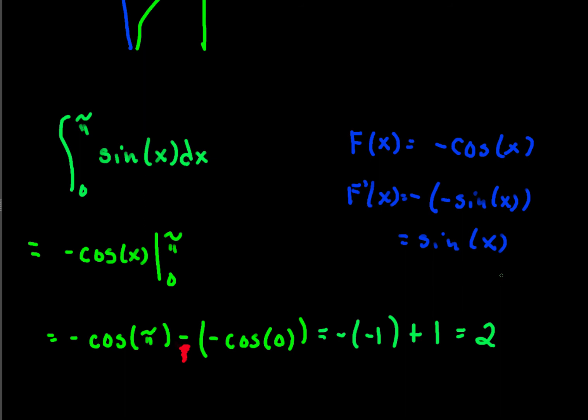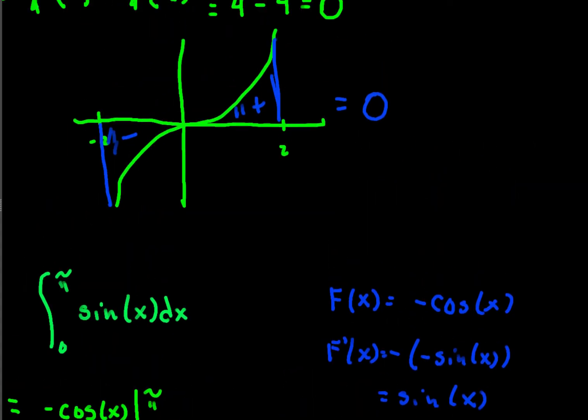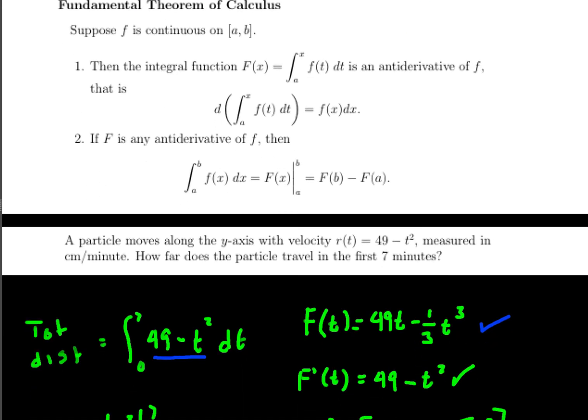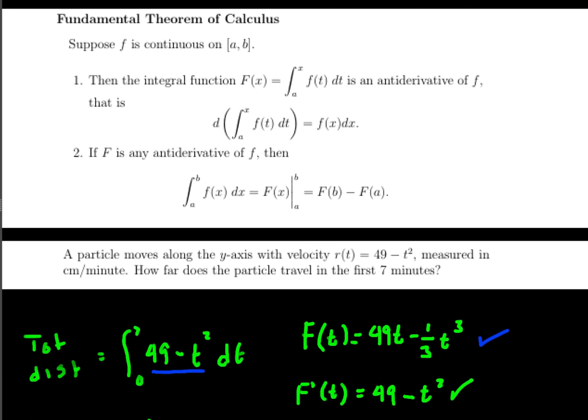So one last thing I want to take a look at. We've been using the second part of the fundamental theorem of calculus quite extensively. What I want to do is do a few examples of looking at the first part of the fundamental theorem of calculus.